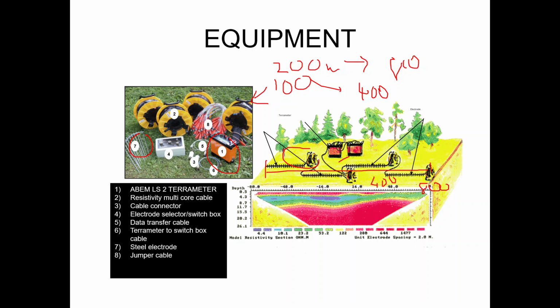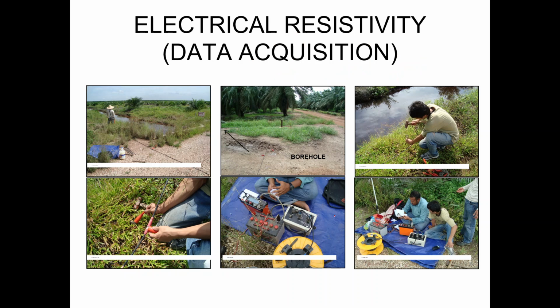So we are able to measure the resistivity for each point in the area. Then after that, similar to the seismic, we are able to do the image or tomography, the contouring of the values, and call it tomography. Yeah. So this is how we conduct this test in the field.